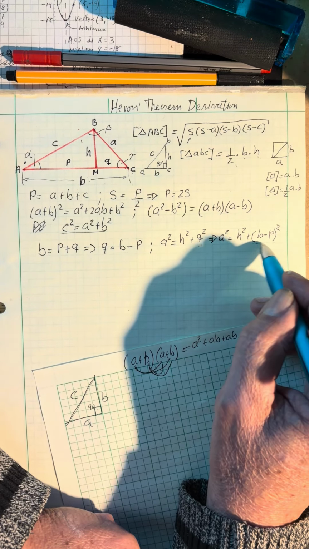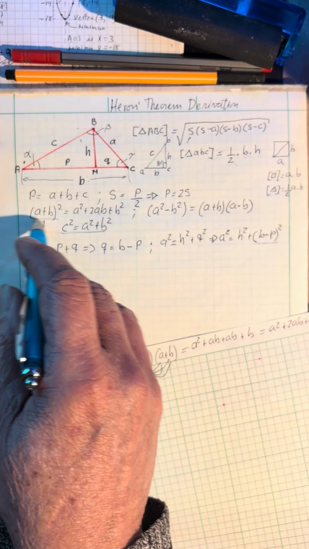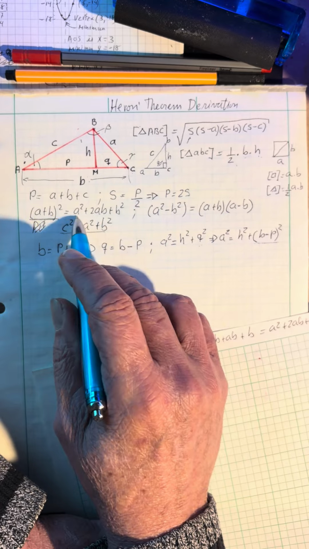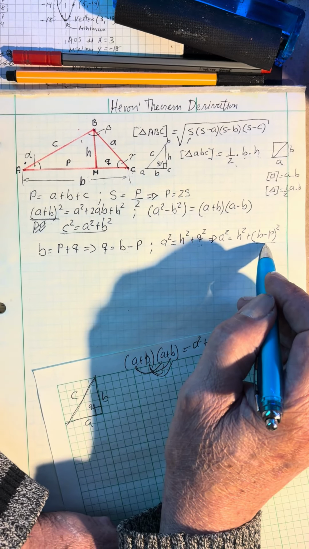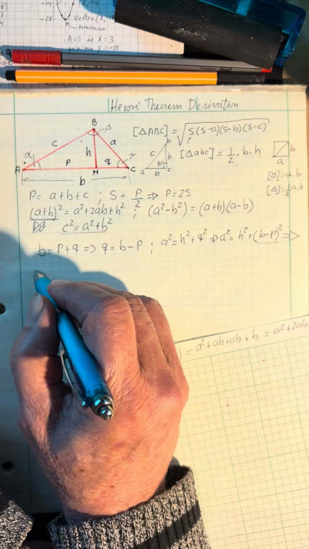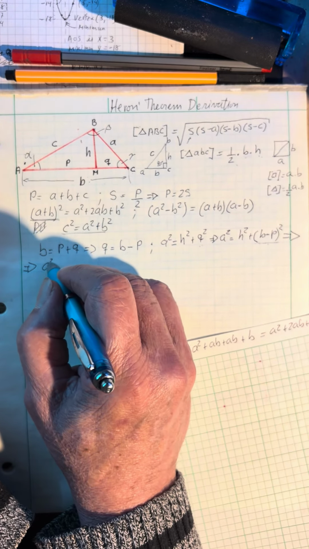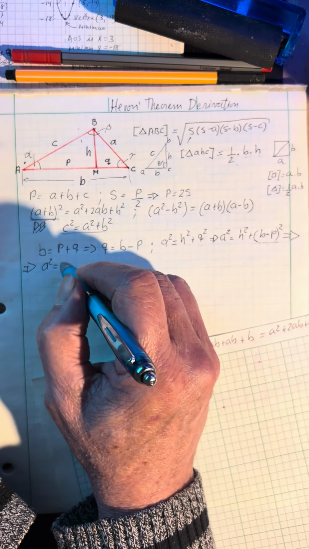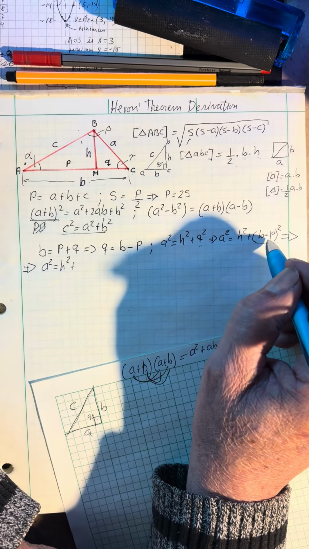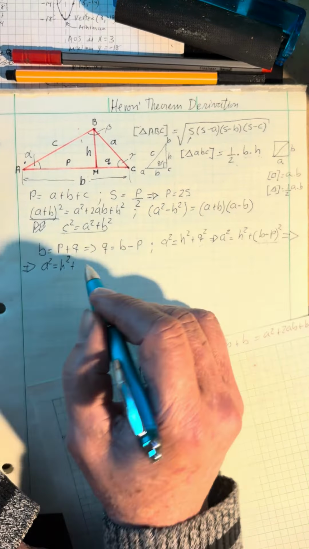See this? And see this? We're going to use this identity to substitute it with this. So that implies that A squared equals H squared plus, and we're going to use this in here. So what does that mean?